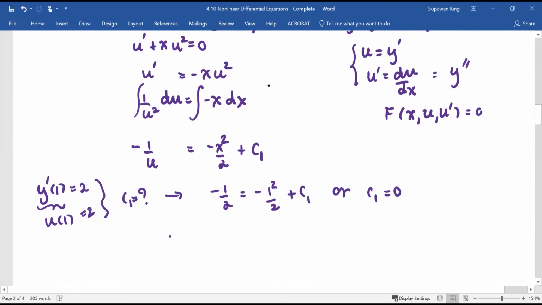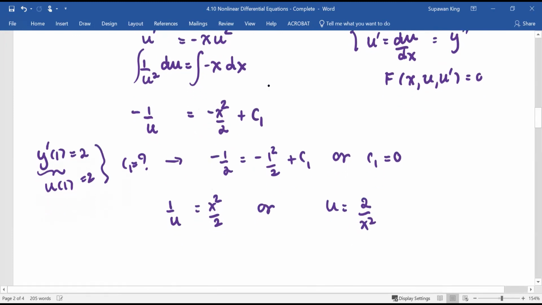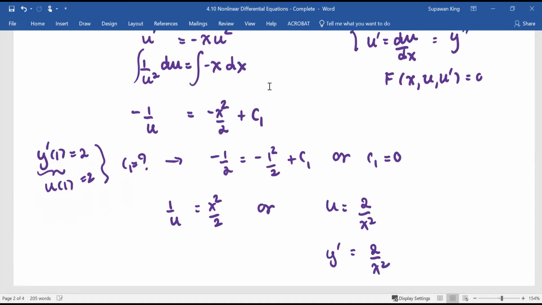That leaves us 1 over u equals x squared over 2, or u equals 2 over x squared, where u is y prime. That means y prime is 2 over x squared.